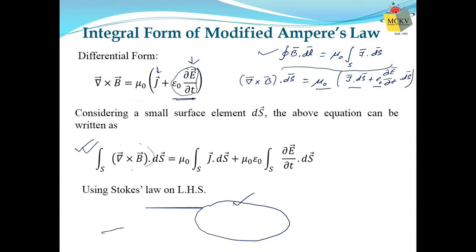This term is added to the conduction current density, and that's why this extra term is called displacement current density. It is called that because it has the same unit as J. When we take the dot product with dS and integrate it, we get something whose unit is the same as current. We call that the displacement current.